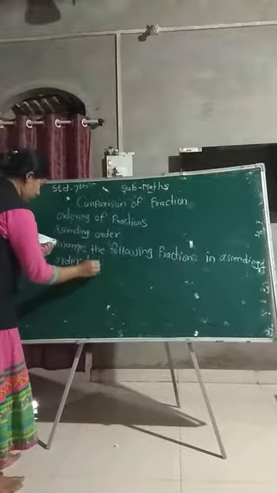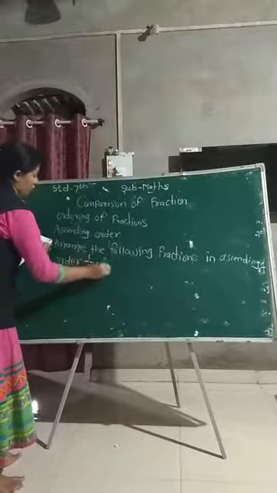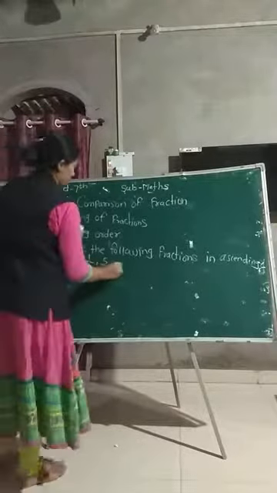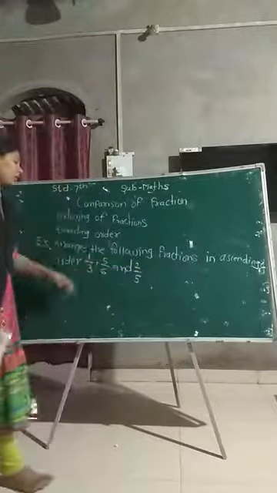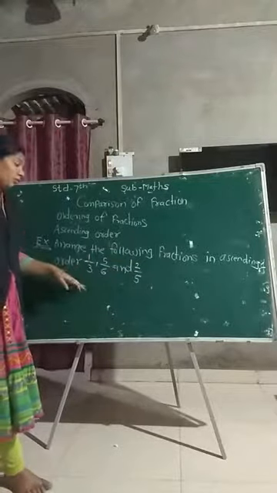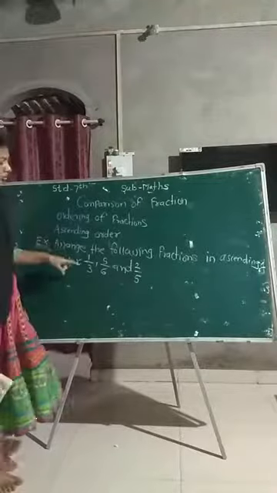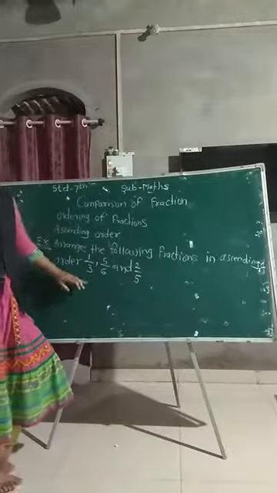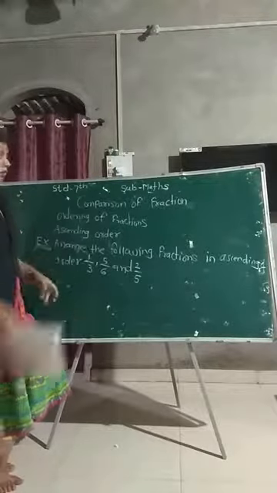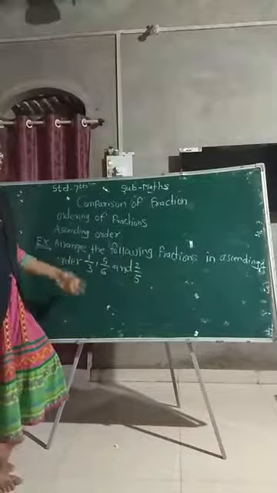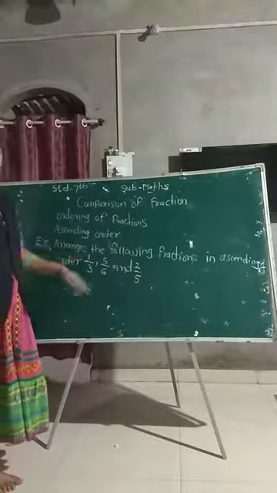The fractions given are 1/3, 5/6 and 2/5. Here these are unlike fractions, so we cannot decide which is greater and which is smaller. Firstly we convert these fractions into like fractions and then arrange them from smaller number to greater number, because in ascending order we arrange the numbers from smaller to greater.